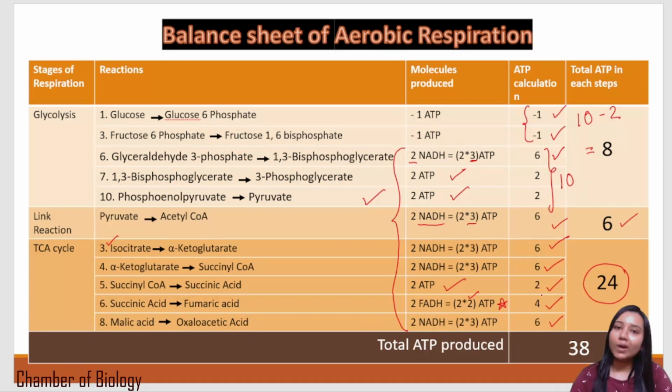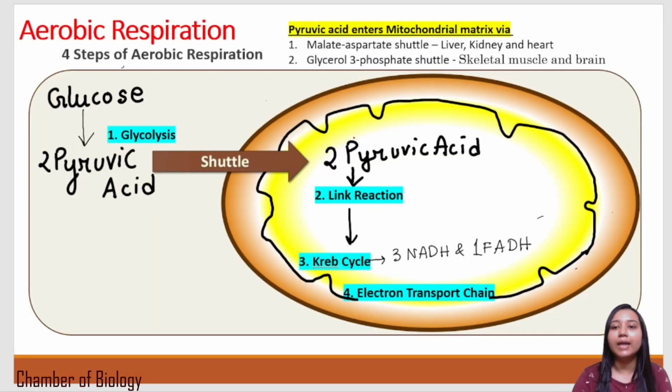So finally from 1 glucose we can say 38 ATP, but it is not the case that there is always going to be 38 ATP. In certain cases, there might be 36 ATP. As I was telling you, the pyruvic acid is going to be transported into the mitochondrial matrix. At that time the shuttles that are going to help might charge you some money, so they are going to charge you some ATP, but it is not for all the shuttles.